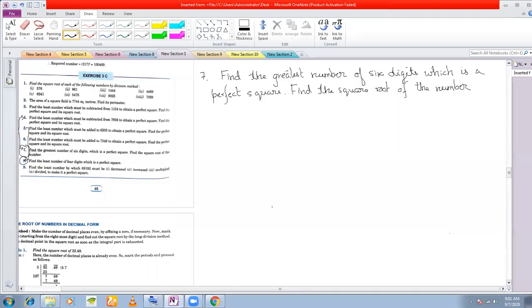The same question, number 7, can be restated as: what least number must be subtracted from a number to get a perfect square.